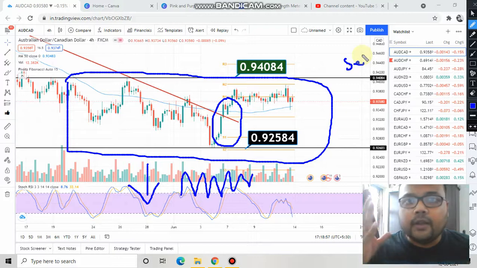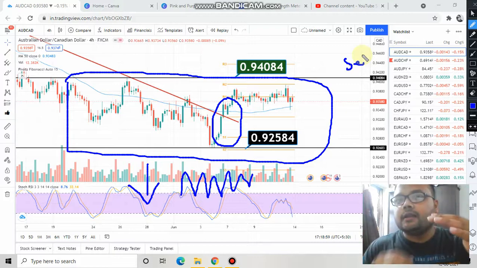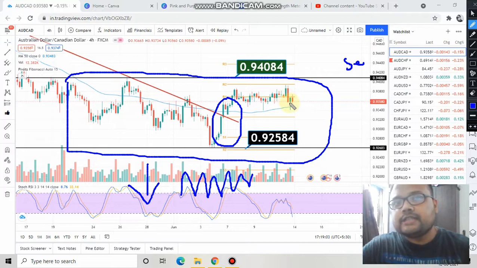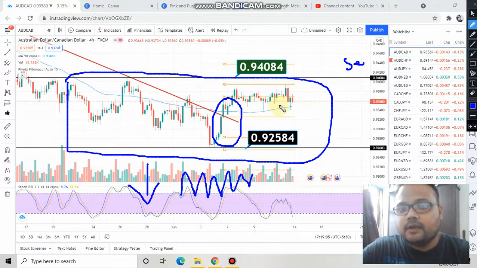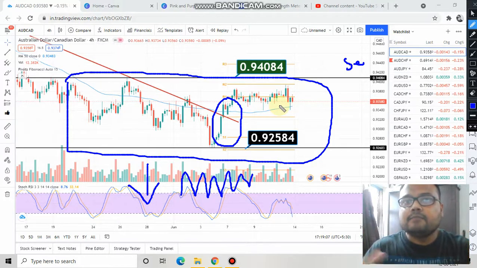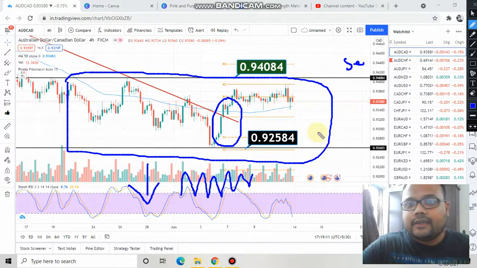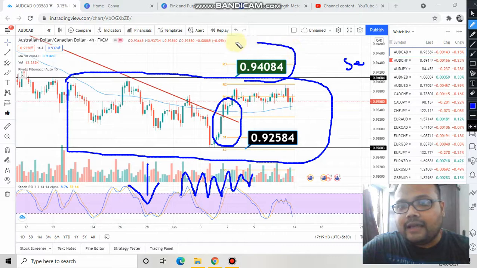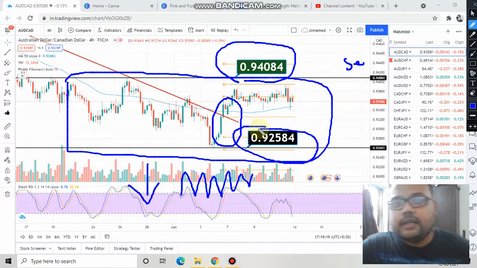We all know it pretty well. But in a sideways market, we can look for shorting opportunities as well as buying opportunities, because sideways market means market has no trend. Therefore, we can see that I have two levels here: 0.9408 on the upside and 0.9258 on the downside.